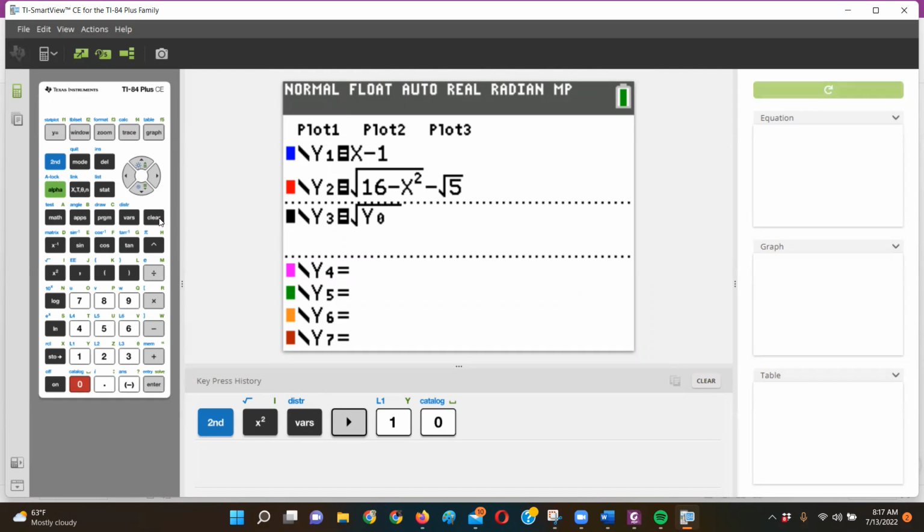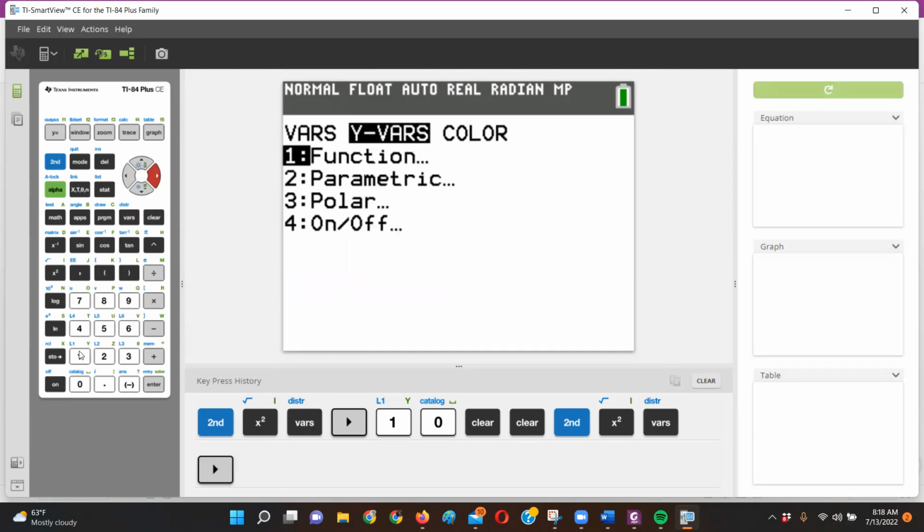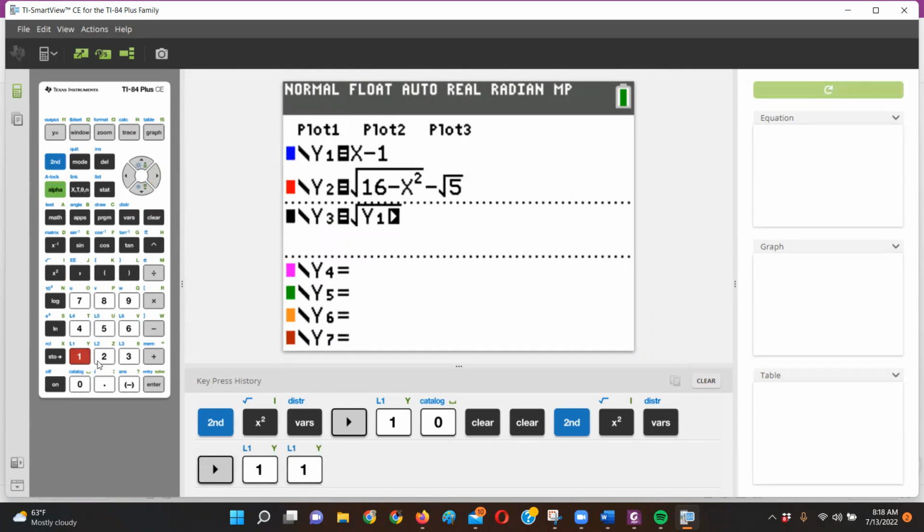Let me redo it. Function 1, yeah, y1. Okay, that's better. And then I'm going to square it, and it does order of operations, so I don't have to worry about parentheses because it's taking whatever's in y1 and plugging in a value and squaring it.